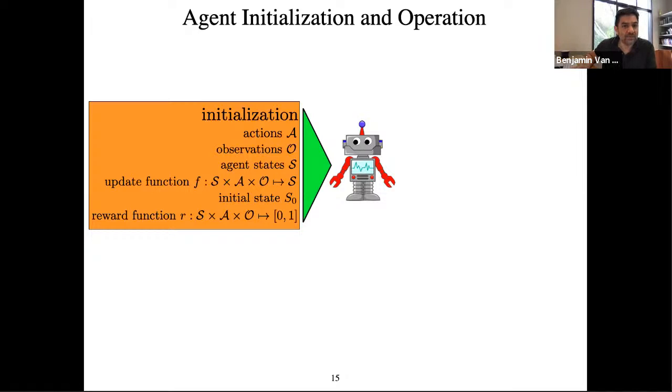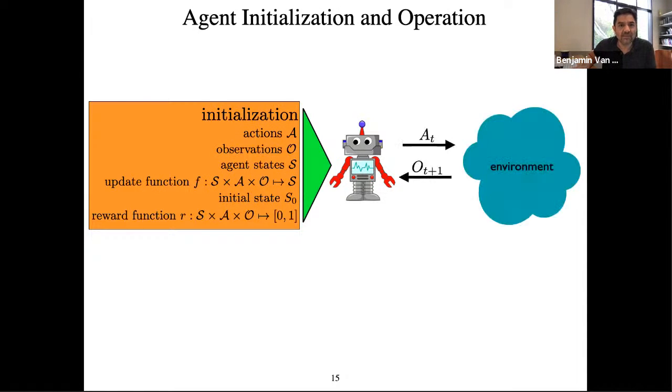Once you've given the agent those inputs, you can let it loose on the environment. So long as the set of actions and the set of observations correspond to that environment, the agent can operate in that environment, and you can see how the agent does.